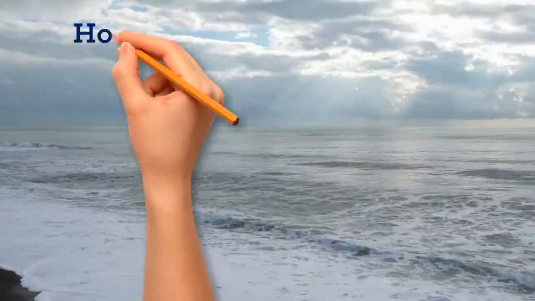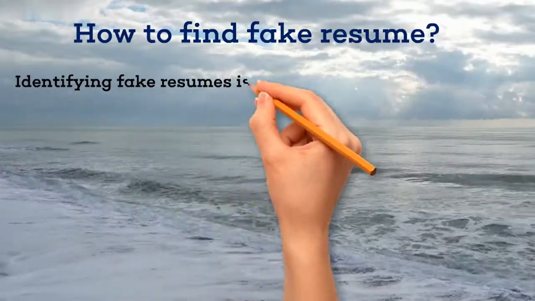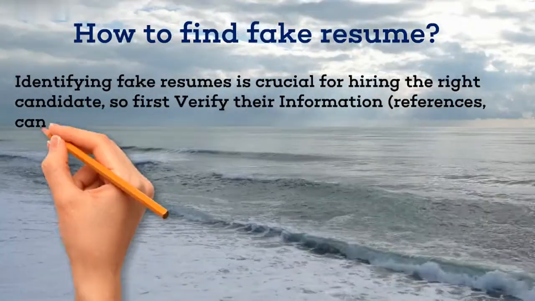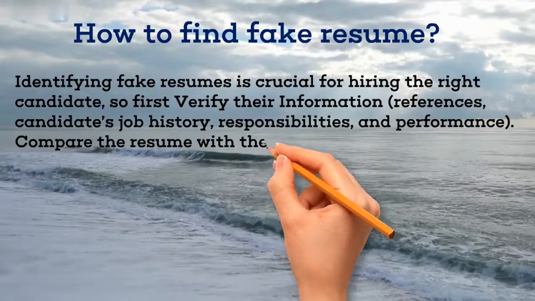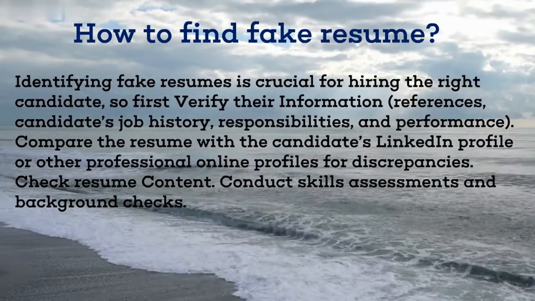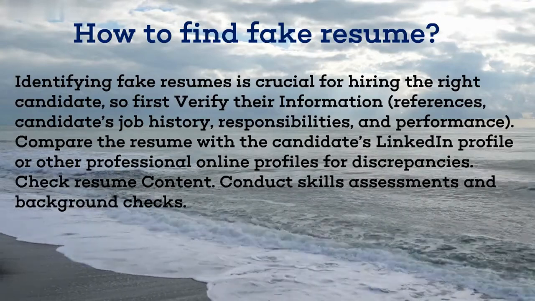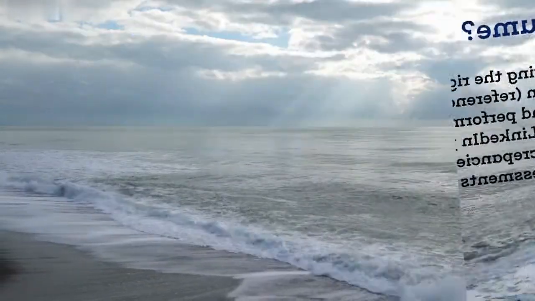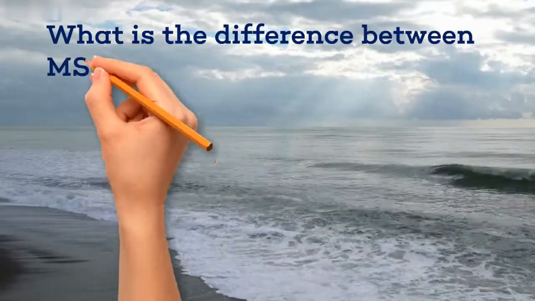How to find a fake resume? Identify fake resumes by verifying information, comparing with LinkedIn profiles, checking content, conducting skills assessments, and conducting background checks to ensure the right candidate is hired. What is the difference between MSP and VMS?